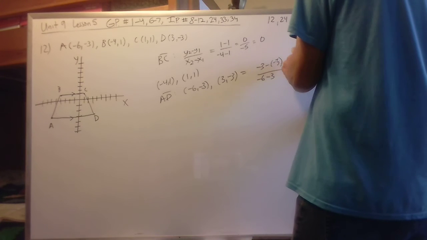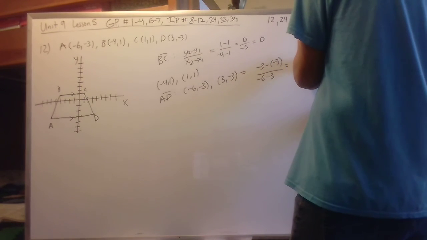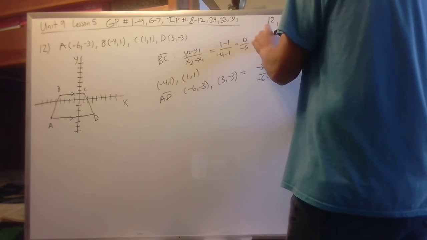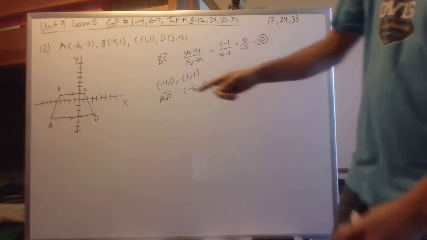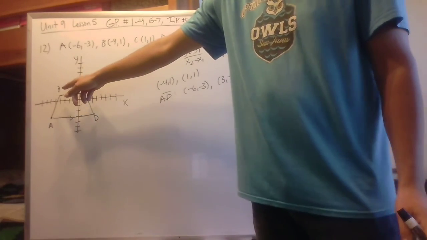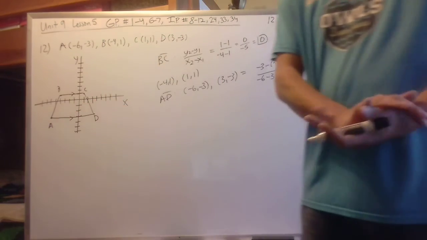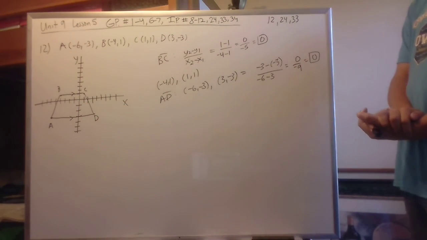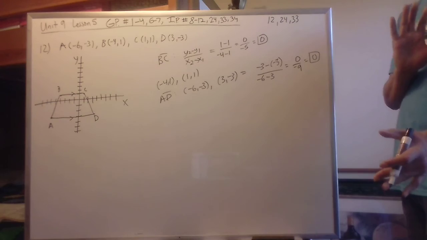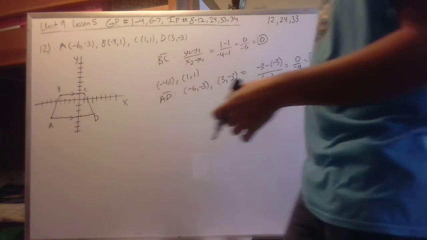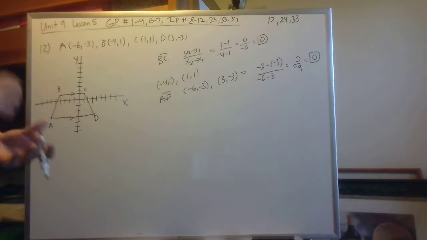And that's going to give us 0 over -9, which is 0. So since these slopes are the same, we're going to draw, like I did earlier, two parallel symbols, those arrows.